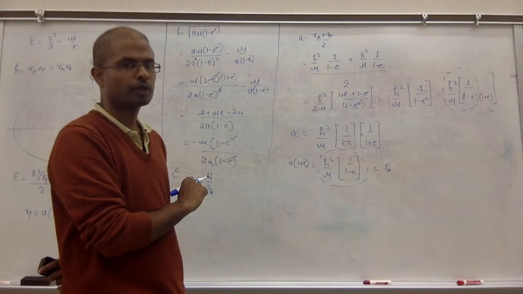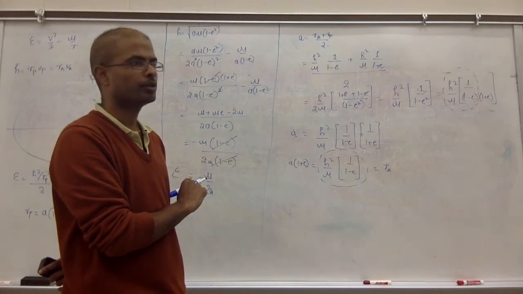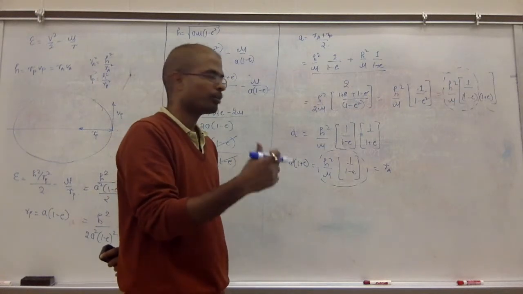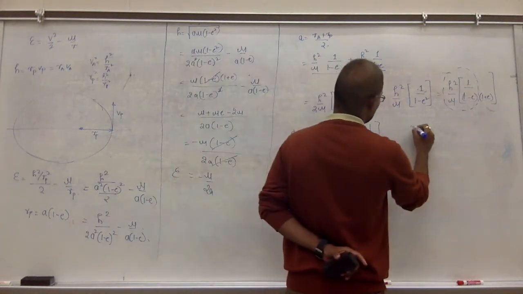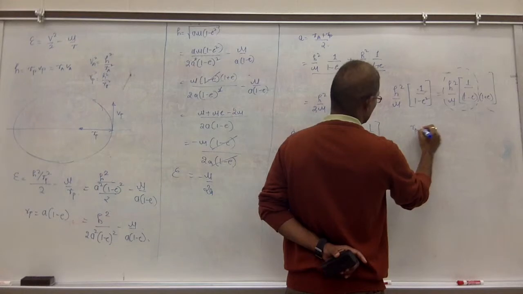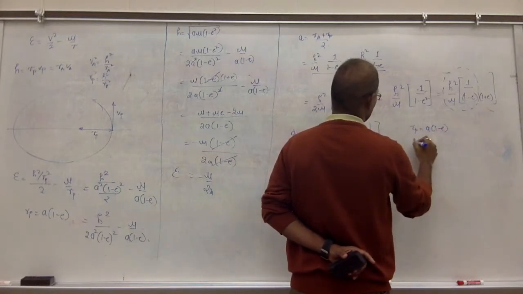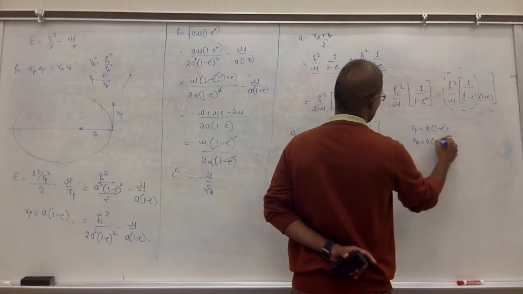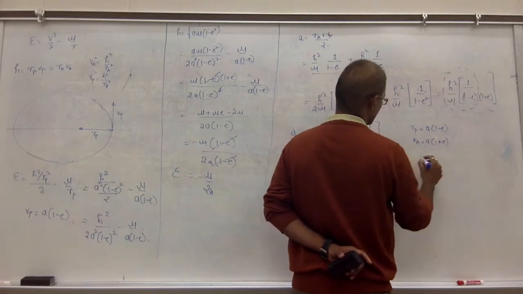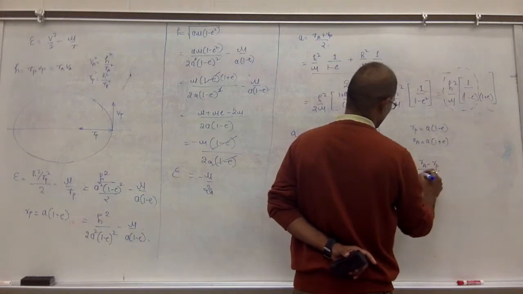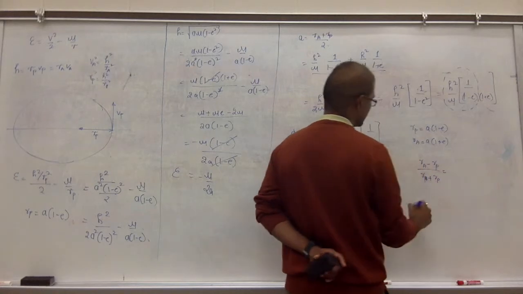Now, how do you prove that E is equal to RA minus RP divided by RA plus RP? You have to at least attempt in parts. If you know RP is A into 1 minus E, and RA is A into 1 plus E, you can at least do this, right? RA minus RP divided by RA plus RP. What is this?